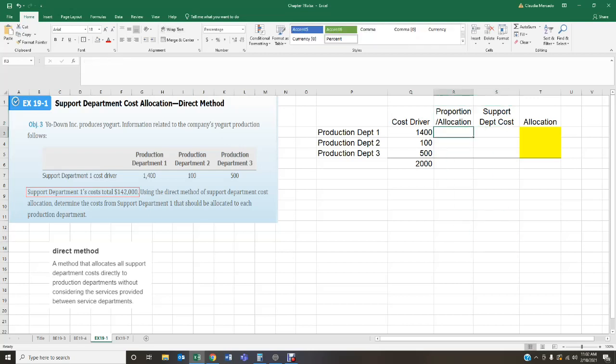Well, I'm going to get my department 1 cost driver divided by my total, which is the 2,000. That's going to give me 70% allocation for department 1. I'm going to get my department 2 divided by my total. That's going to give me 5%. And then I'm going to get department 3 divided by my total, and that gives me 25%, okay? So let's get a total here.